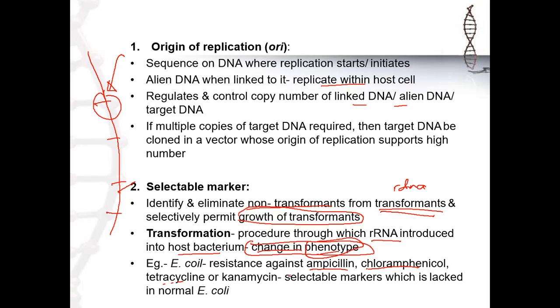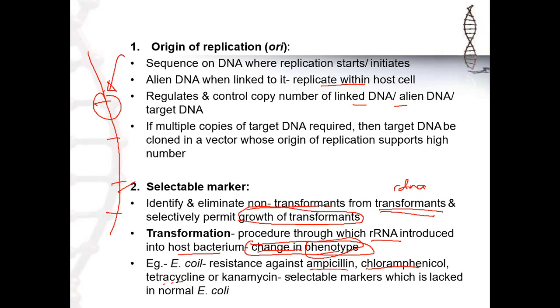No? So, selectable markers which is lacked in normal E. coli. So, meaning to say, yung itong mga engineered or recombinant E. coli, doon sa structure ng kanyang DNA, merong mga genes doon na responsible for resistance against ampicillin, chloramphenicol, tetracycline, kanamycin, no?